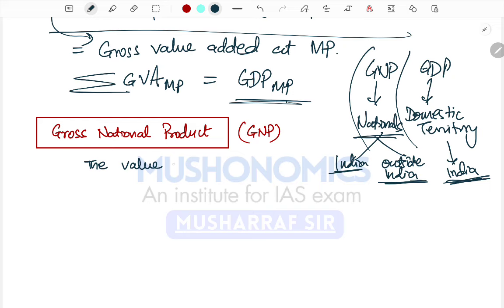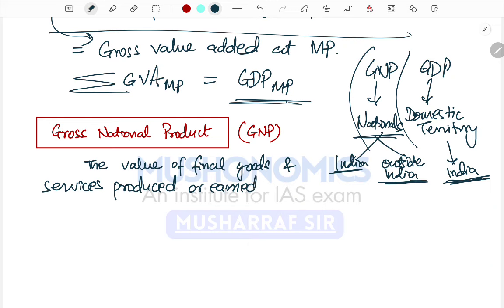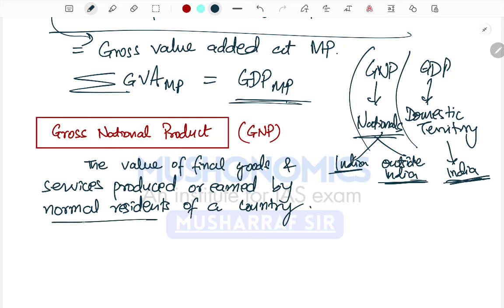So the value of final goods and services produced or earned by normal residents of a country, right? What do we mean by normal residents?